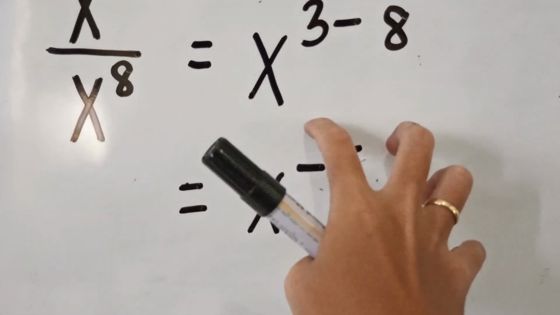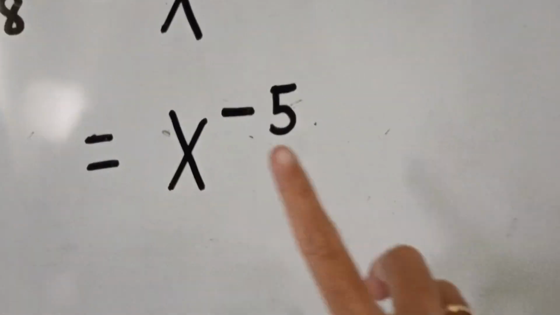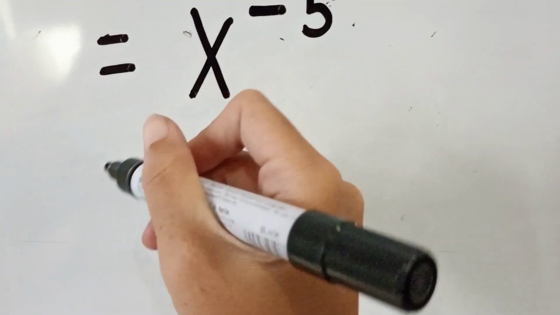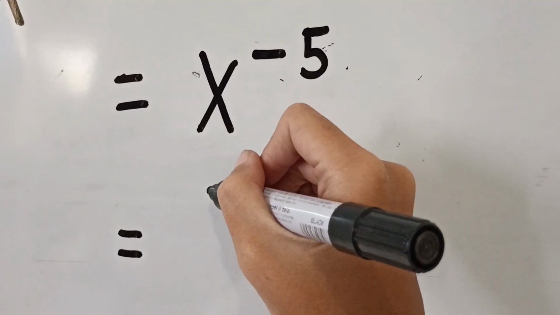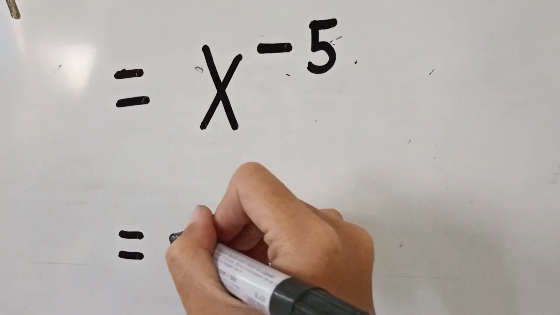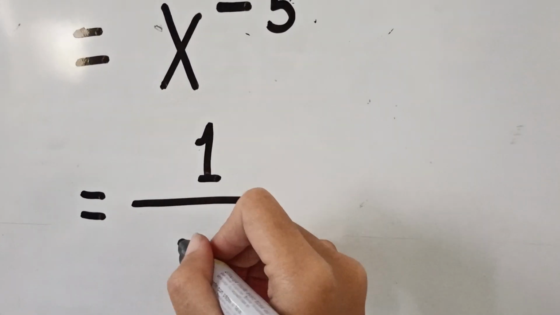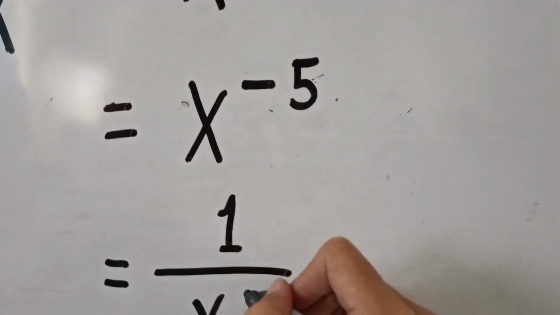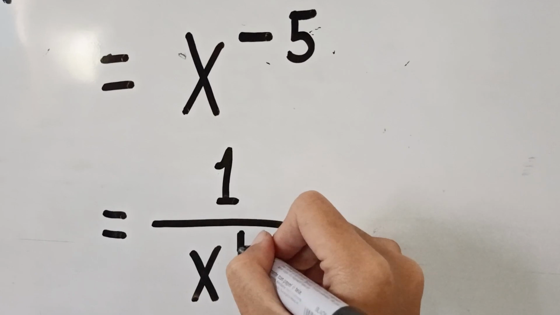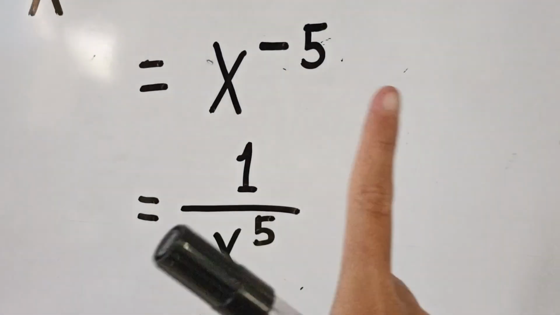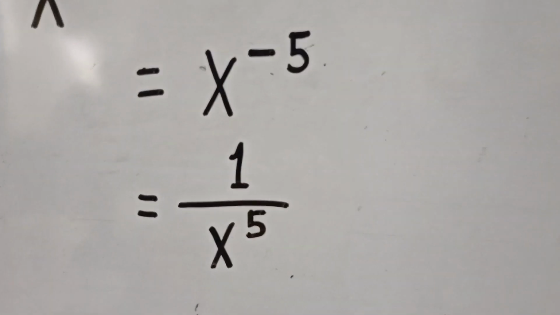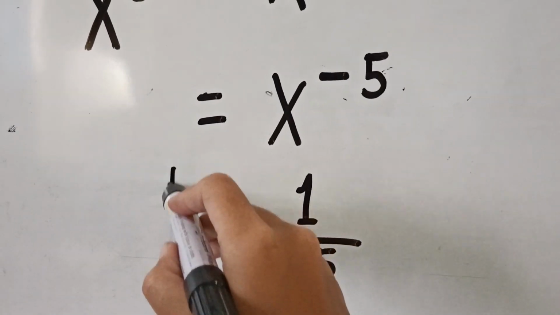However, negative is not allowed in polynomials. So we need to rewrite this one into fraction form. So we're gonna have 1 as the numerator over, and we're gonna copy x raised to 5. Negative, or the sign which is negative, is eliminated already since we transfer it into fraction form.